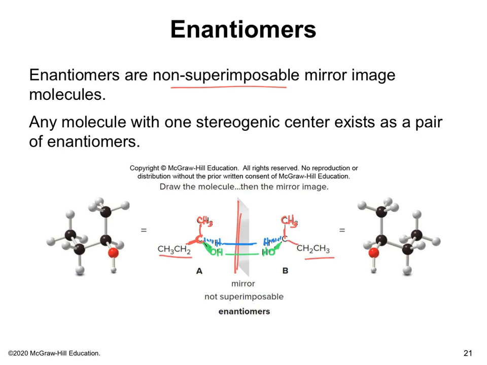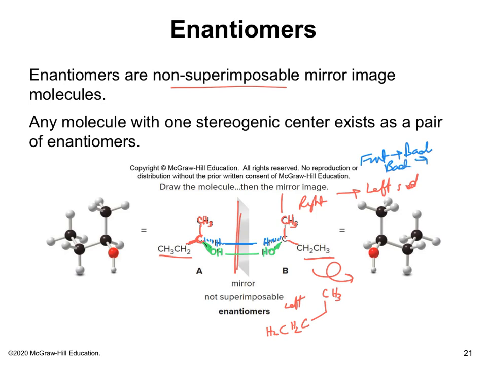Now, once you draw the mirror image, you have to rotate it. How would I rotate this on my piece of paper? Everything that's on the right will go to the left side. So that's the first thing I'm going to do. I'm going to draw the CH3, and the CH2CH3. This is on the right, and now it's on the left. And then what is front goes to the back, and the back goes to the front.